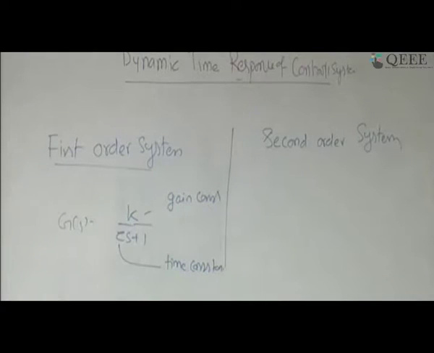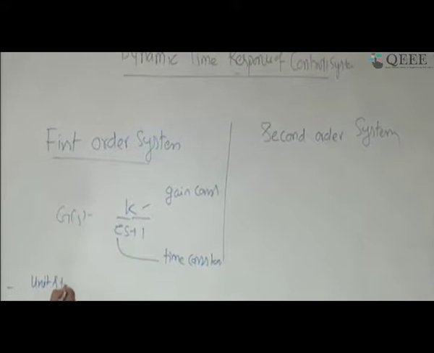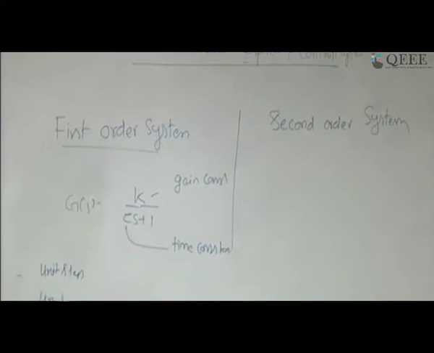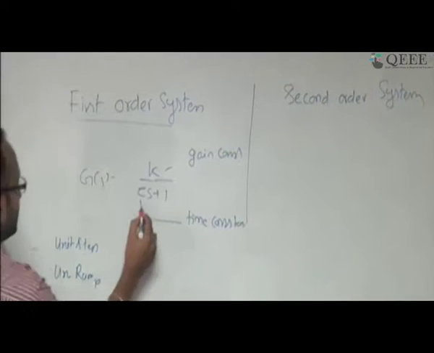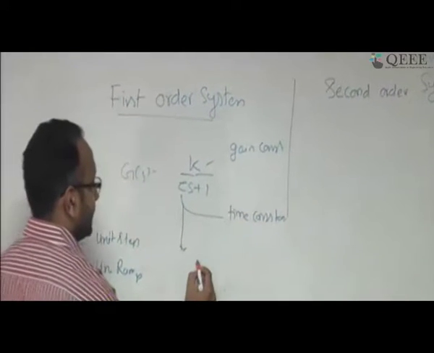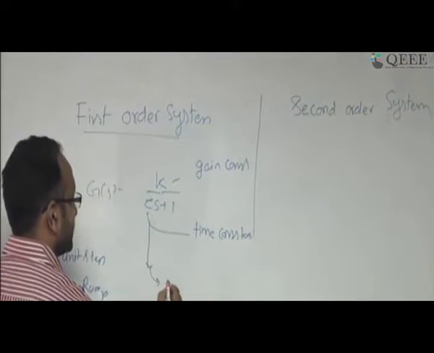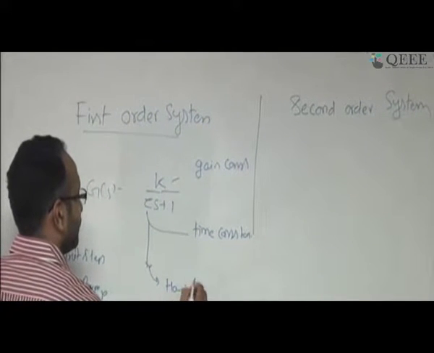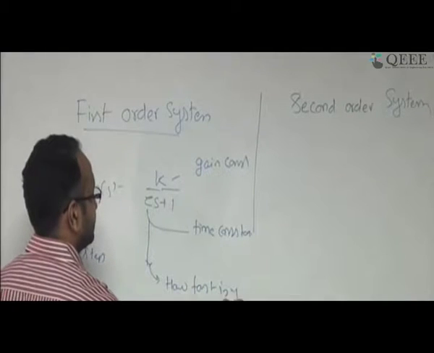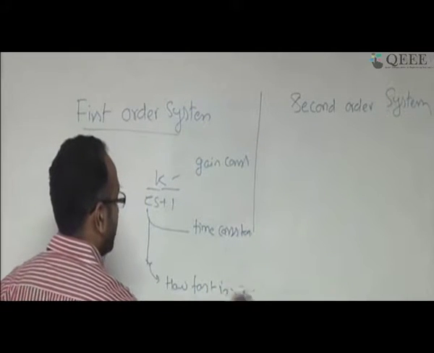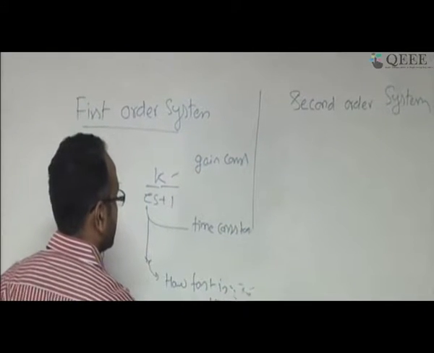So this first order system, when we analyze with respect to unit step and unit ramp, this tau is going to give me the measure of how fast is your system.